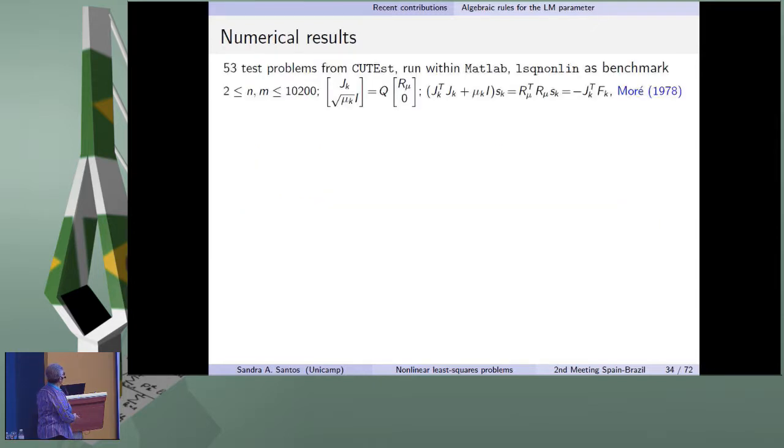So to assess the performance of these ideas, we have tested the algorithm on 53 feasibility problems from this collection. We implemented it using MATLAB and used a routine from MATLAB, lsqnonlin, as the benchmark. Our problems have dimensions varying between these two values, and we have used two strategies for computing the step, either the Cholesky factorization of this matrix, or the QR factorization of this augmented system.